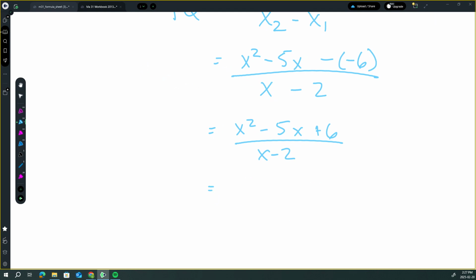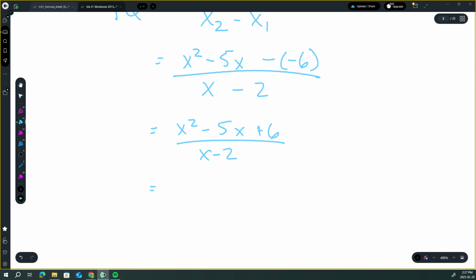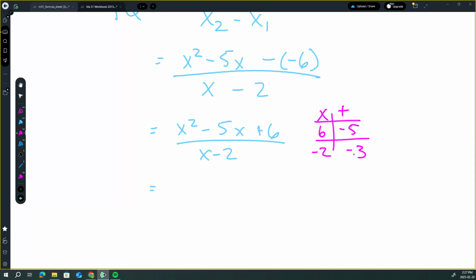Okay, now we want to make sure that this fraction is as simple as it's going to get. That means that we have a trinomial. There's no greatest common factor to pull out, so we need to go to our multiply and add table. So we're multiplying to 6, we're adding to negative 5. Now the two numbers that multiply to positive 6 but add to negative 5 are going to be negative 2 and negative 3.